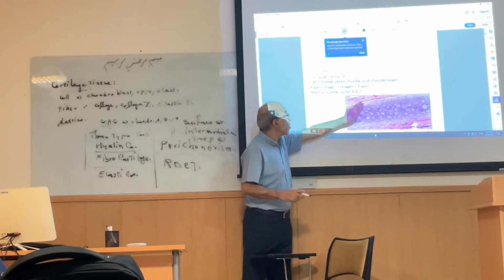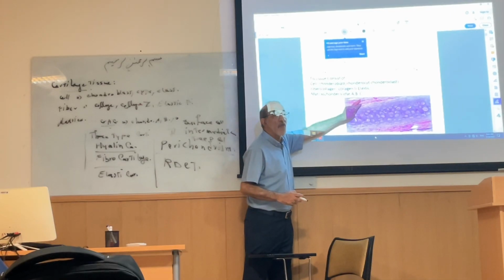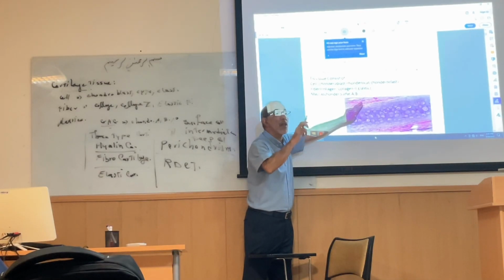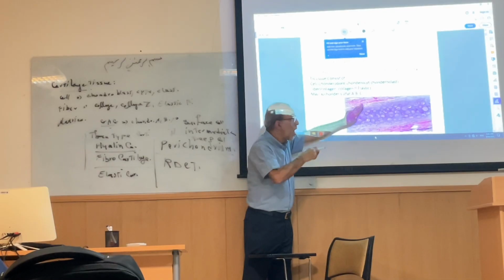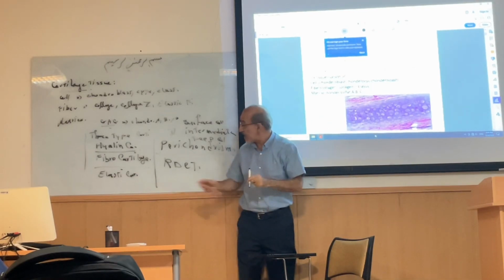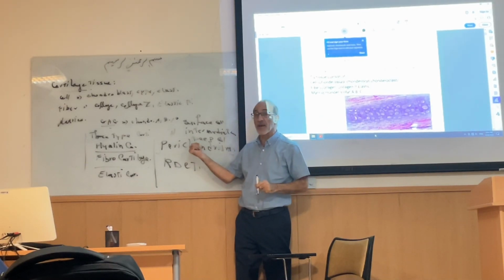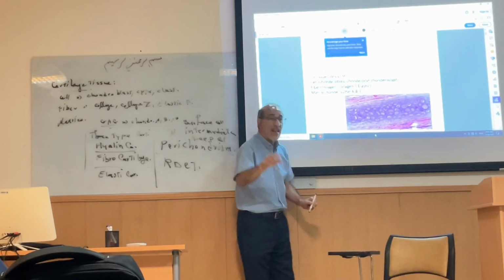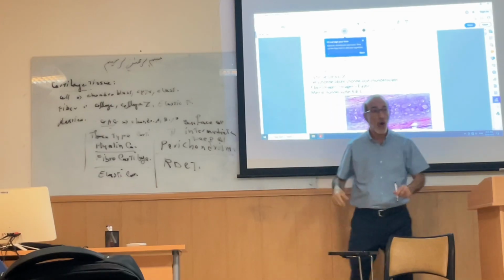What is this? This is the fibroblast-like surface cell. This is the mesenchymal-like intermediate cell. This is the chondroblast-like deep cell. Cartilage has a symmetrical structure. Why?